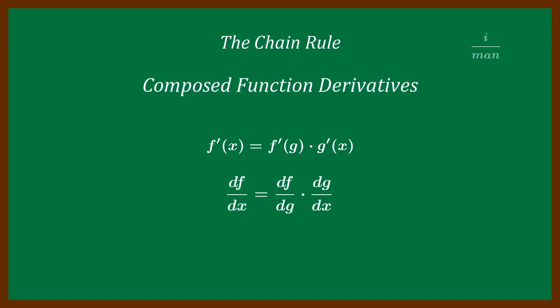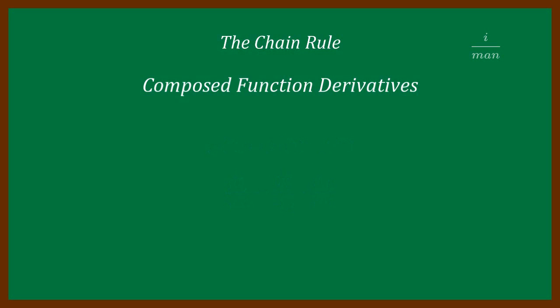Or in Leibniz notation, df dx is equal to df dg times dg dx. In other words, we first differentiate f with respect to g, then differentiate g with respect to x, and multiply the results together. To see how this works, let's do some examples.